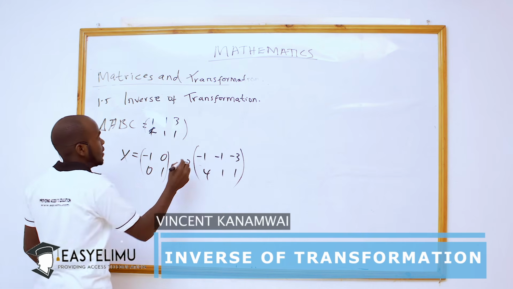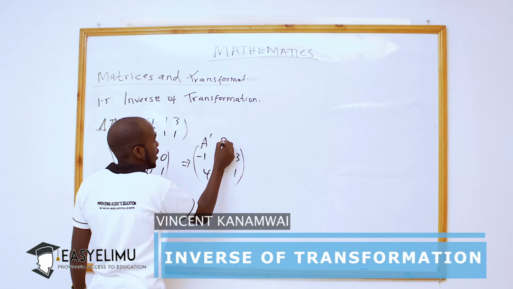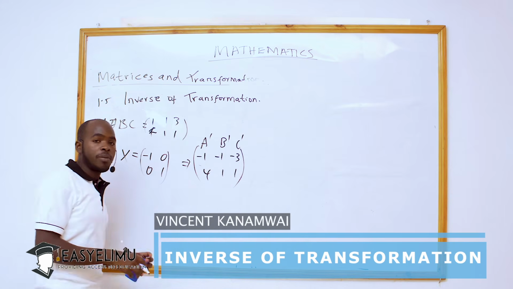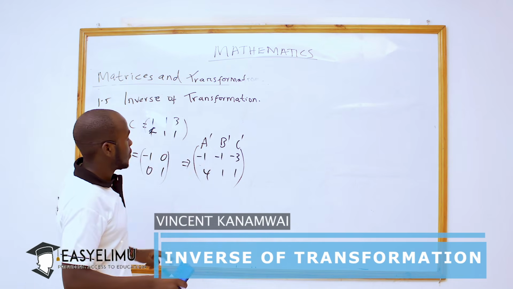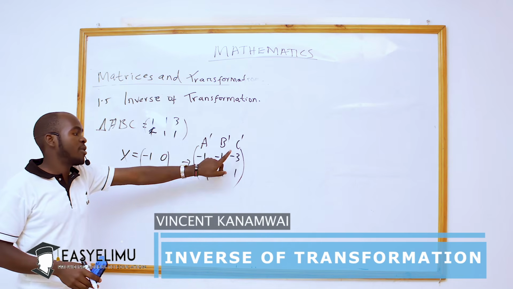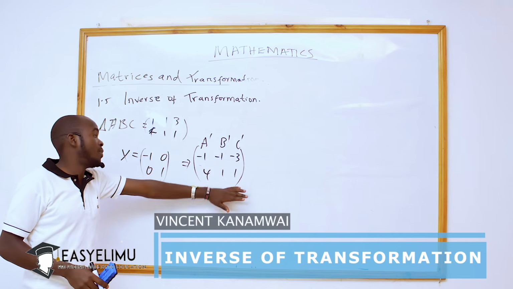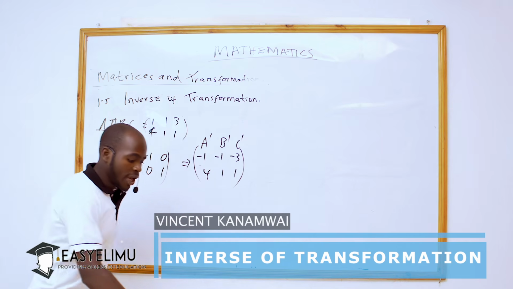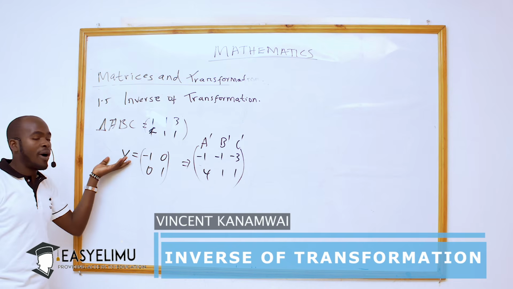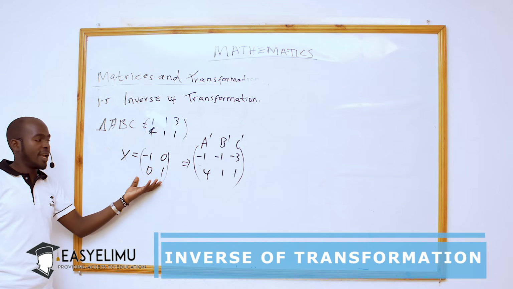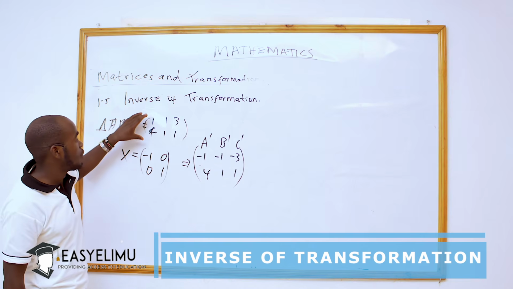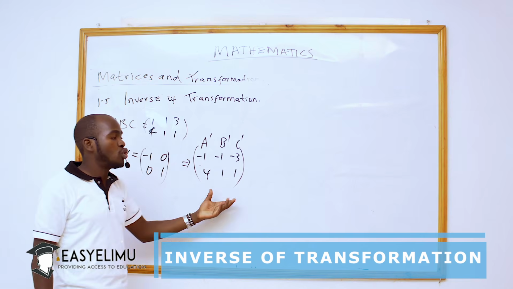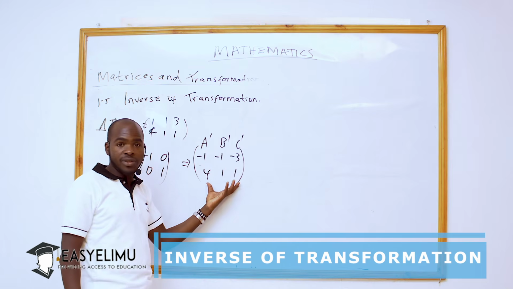This is the image of the triangle ABC with the vertices A prime, B prime, C prime as below. Here is our matrix of transformation X. It has transformed triangle ABC to the image which is this one.